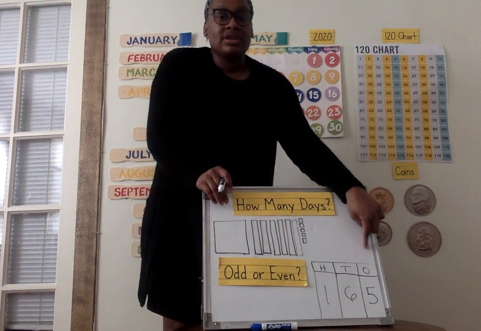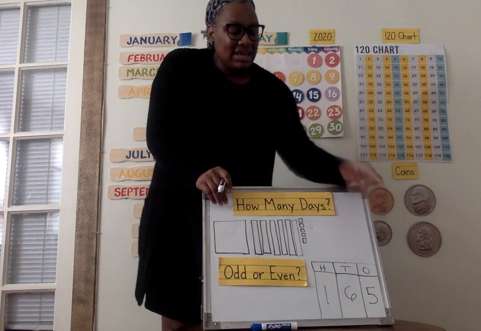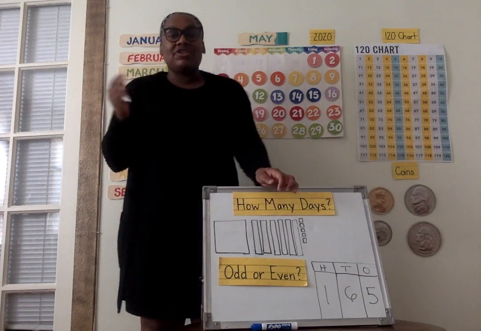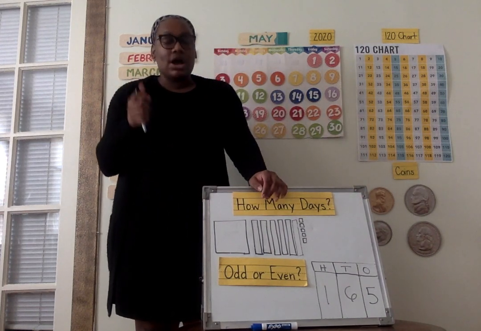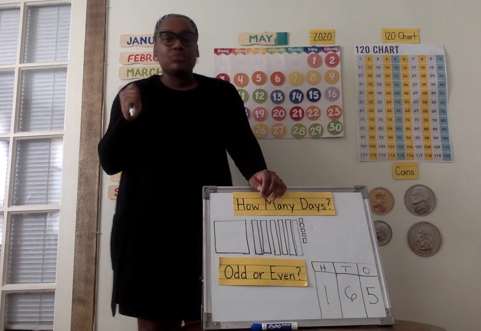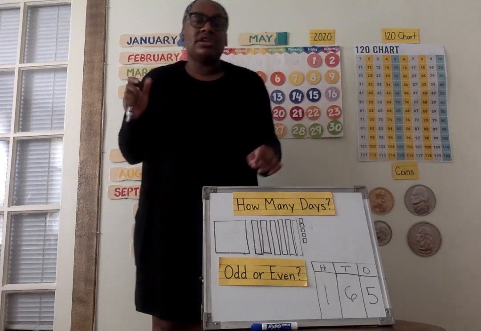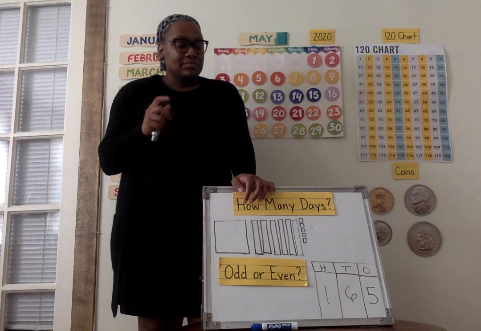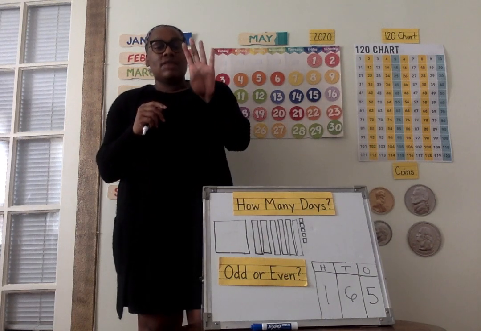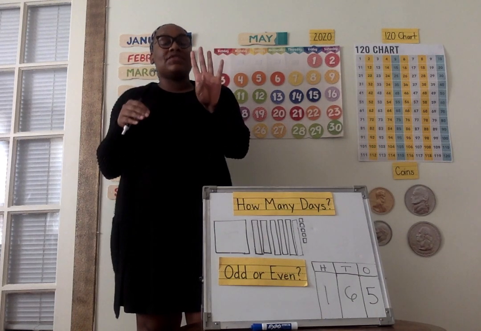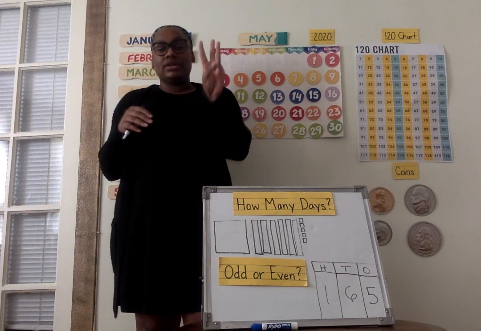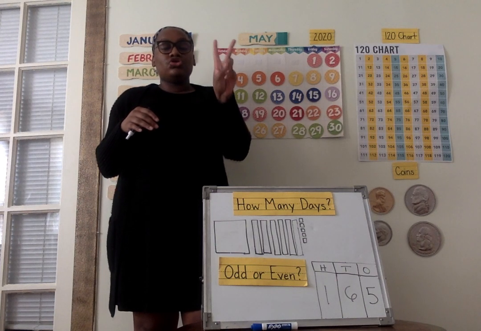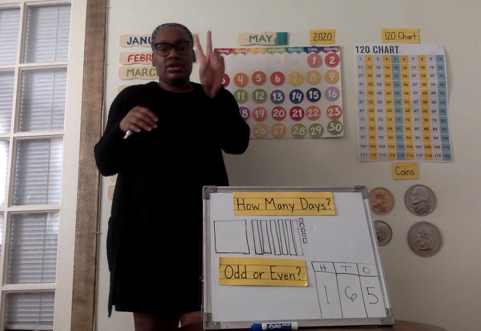Now that you know that you need to look in the ones place, tell me if the number 165 is odd or even and how you know. Should be super quick because you already know you need to look in the ones place. Two more seconds to get your answers together.